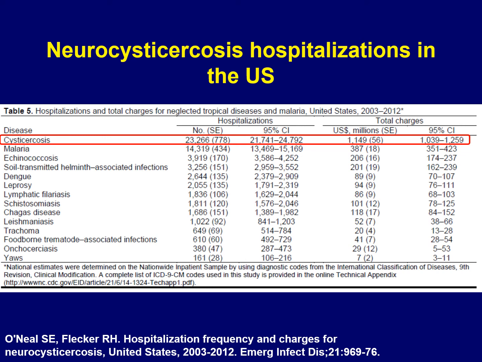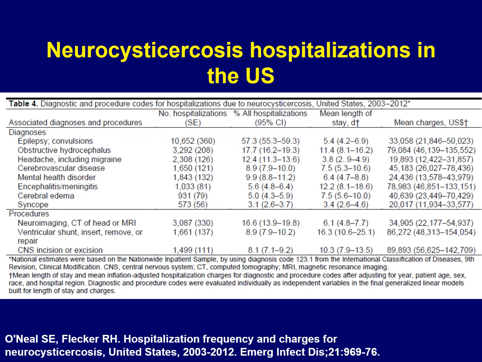We may think, oh, it only happens in non-endemic countries. Actually, this is something that is really affecting us in the US as well, in terms of burden of disease and also the financial element related to the hospitalizations. This table shows the associated diagnoses and procedures for these people who are hospitalized with cysticercosis.